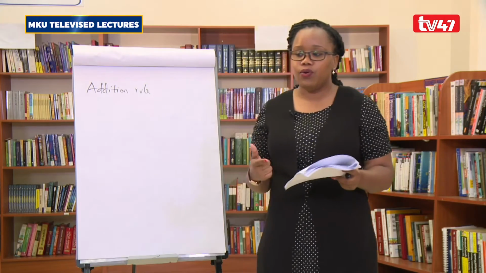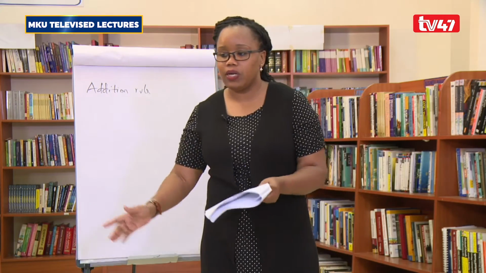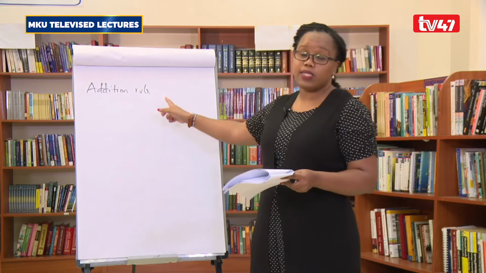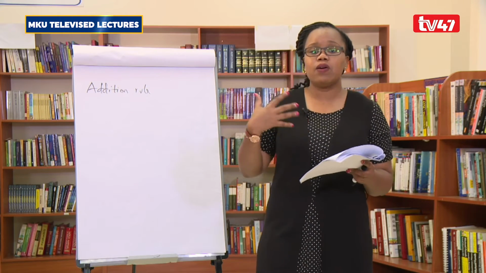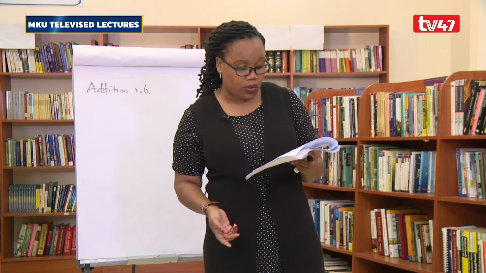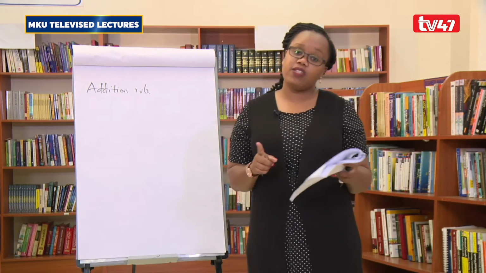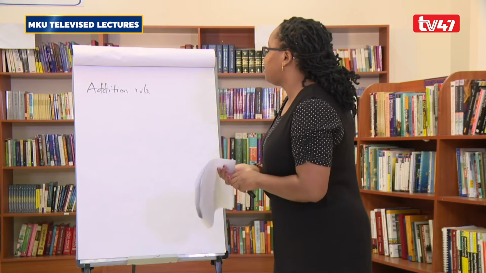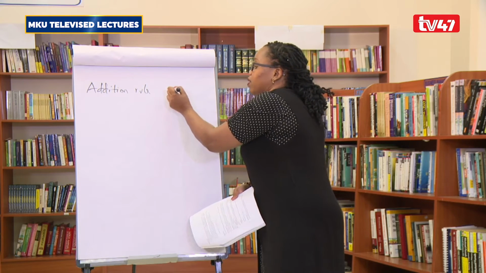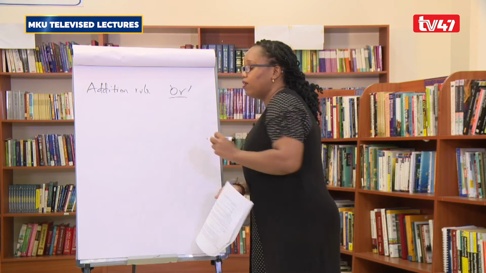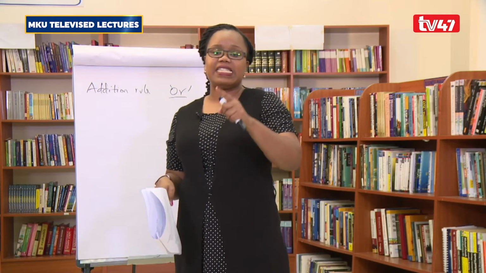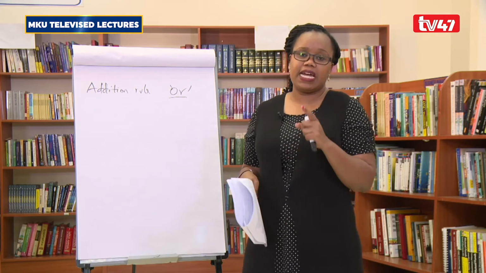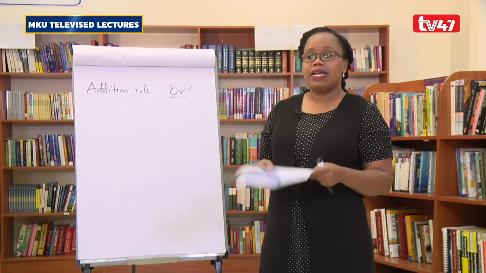How will I know that a particular question requires me to use the addition rule? It's very simple. If you get any question that uses the conjunction or, then automatically, mathematically, you translate it as addition.